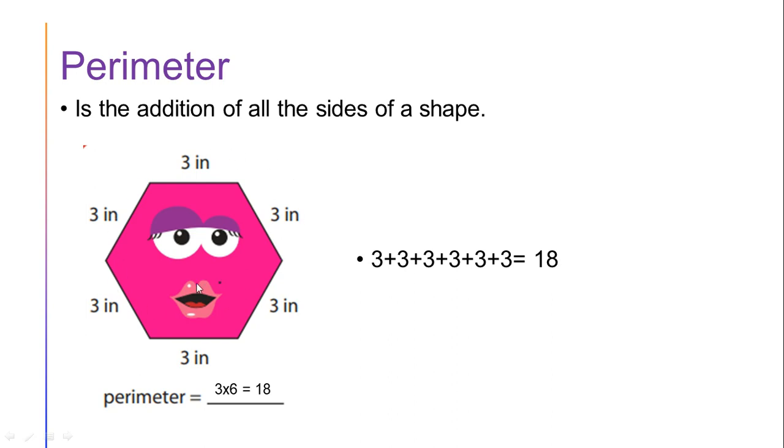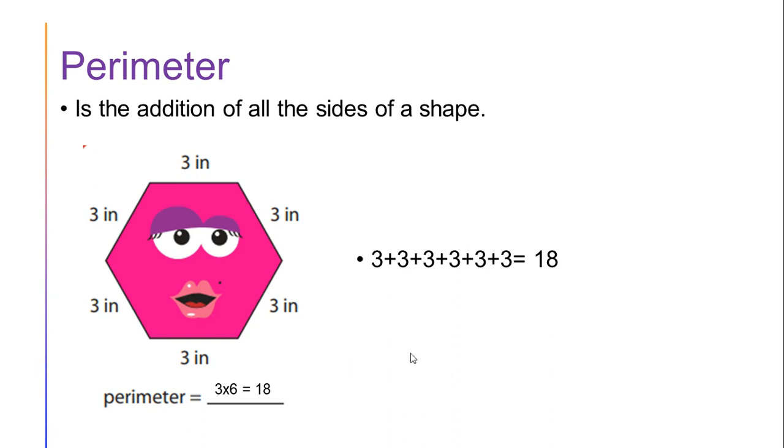Okay, this would only be like this for polygons or shapes that their sides measure the same. If they don't measure the same, then you can't multiply. All right? That clear? Okay.